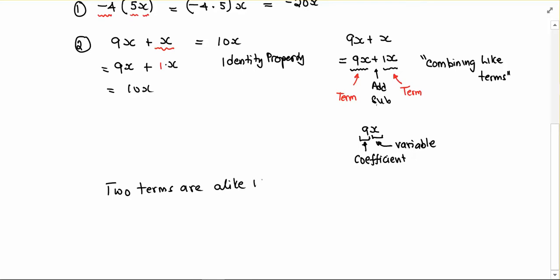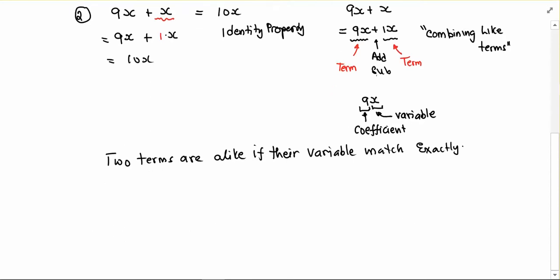if their variables match exactly, right?